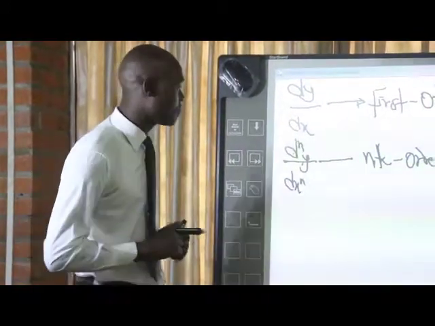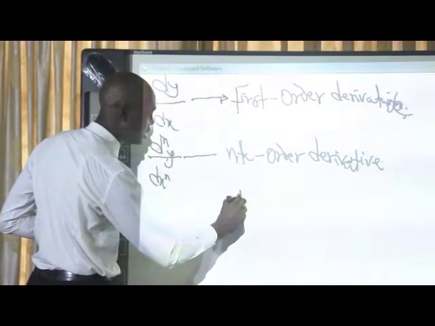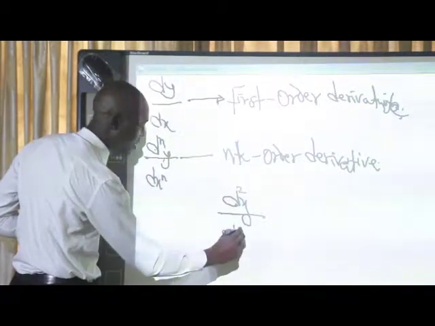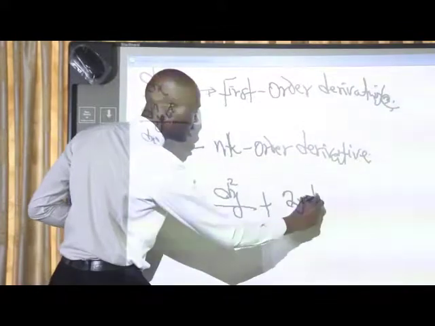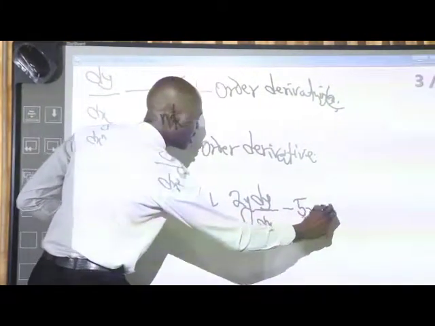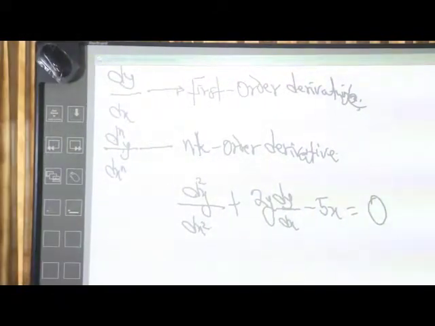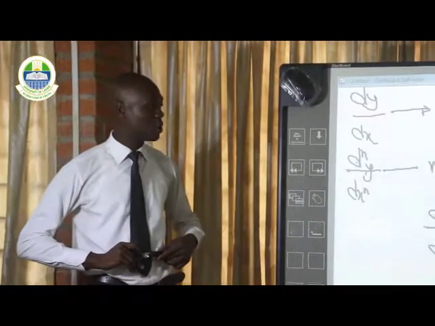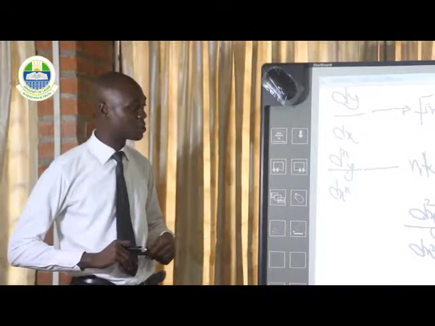Let's take an example. Consider this equation of the form d^2y/dx^2 + 2y dy/dx - 5x = 0. What is the order of this ordinary differential equation?